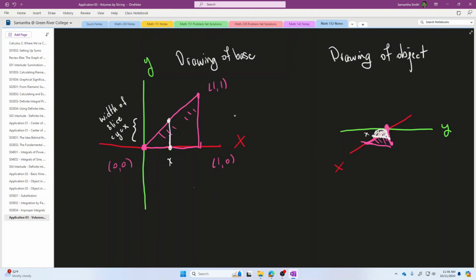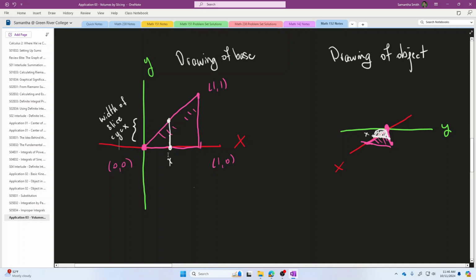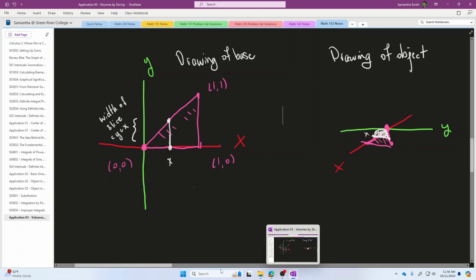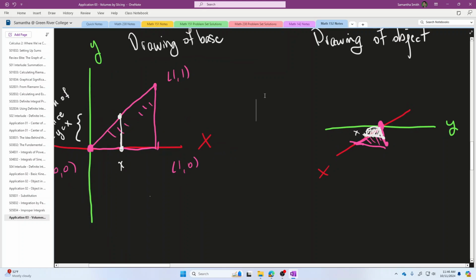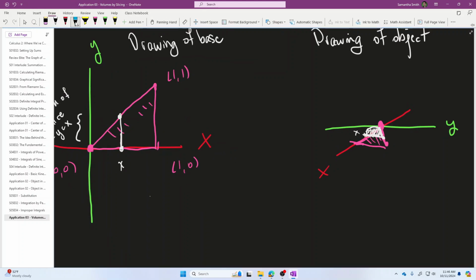Because the y's and the x's are equal, the width of that slice is the same thing as the height of that point on the triangle. Now let's think about what that bottom slice is doing and how that bottom slice shows up in the semicircle whose area I'm trying to find. In the semicircle, that slice shows up as the diameter of the circle.